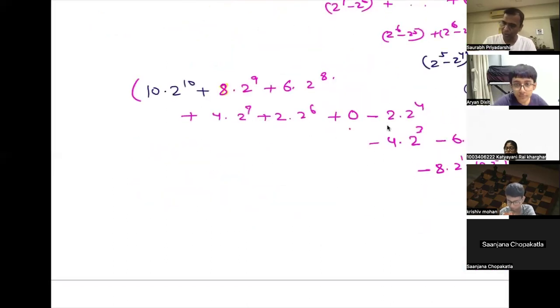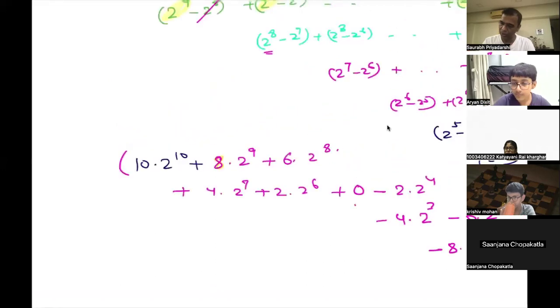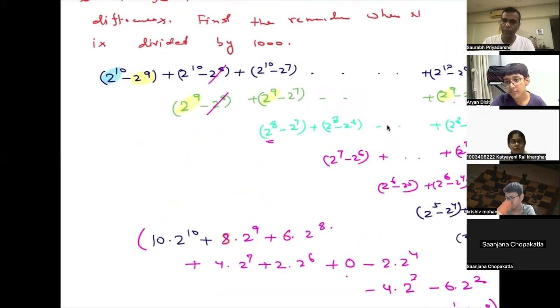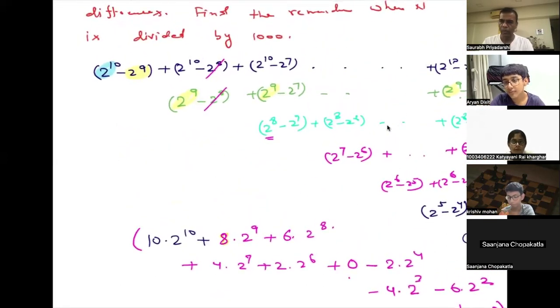Is this okay, na beta? Like we have to connect first and the last one, right? The calculation part of this question, you can say that's the tricky part. Otherwise, very simple, straightforward question.